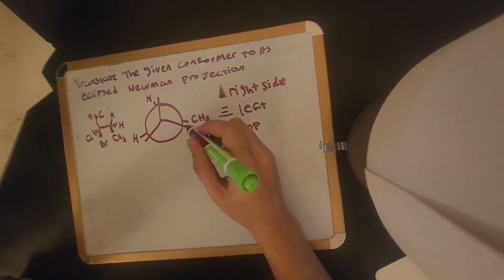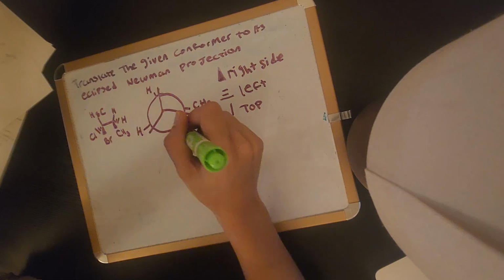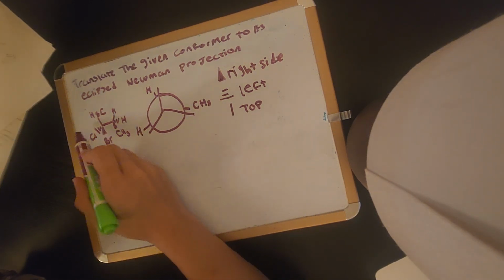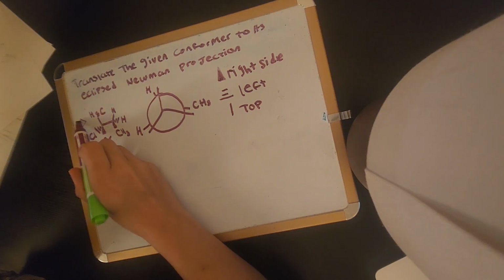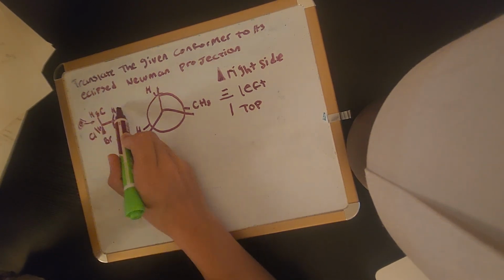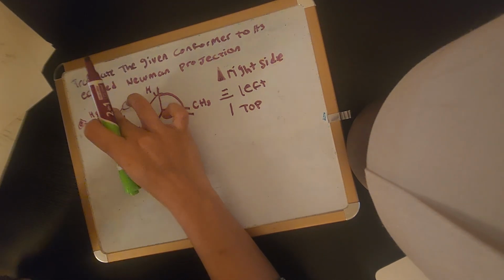Anyway, since it's a Newman projection, you're going to use the perspective that they're giving you. So an eye can be placed here, asking you to look at it from this perspective, or it can be placed here, asking you to look down at it from this perspective.